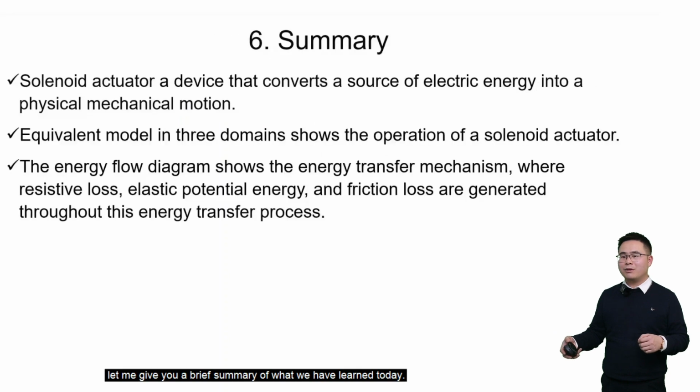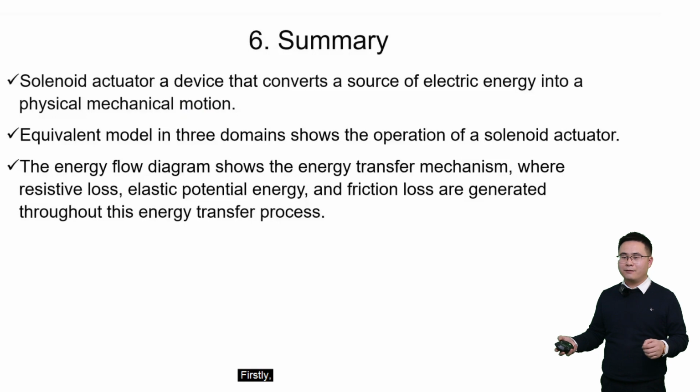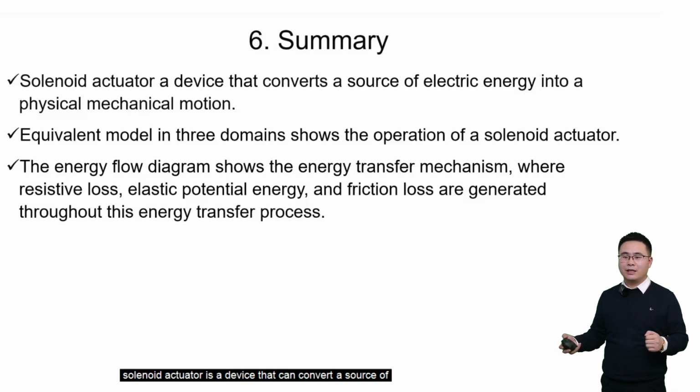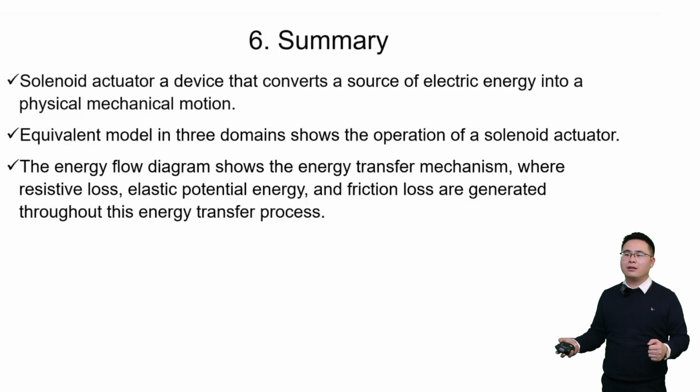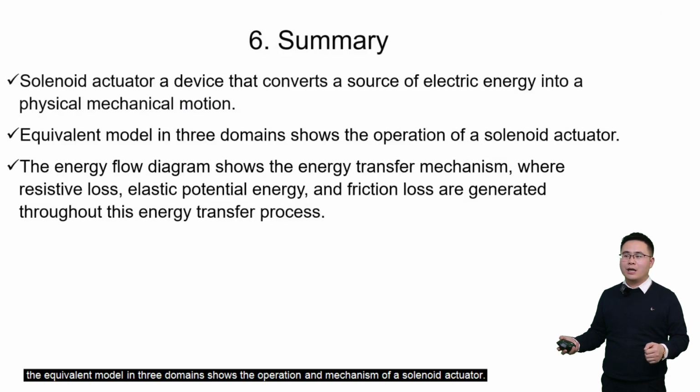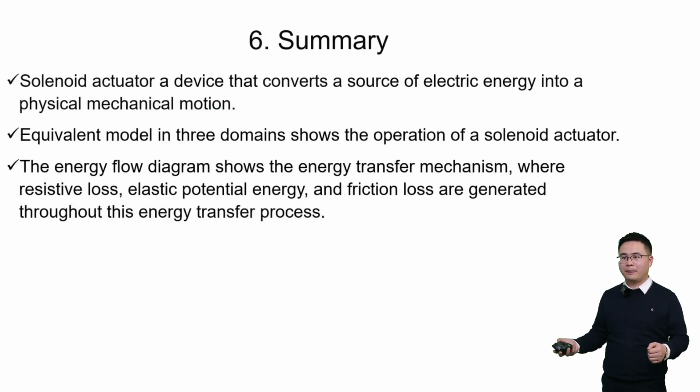Okay, now let me give you a brief summary of what we have learned today. Firstly, a solenoid actuator is a device that can convert a source of electric energy into a physical mechanical motion of the external load. Second, the equivalent model in three domains shows the operation and the mechanism of the solenoid actuator.